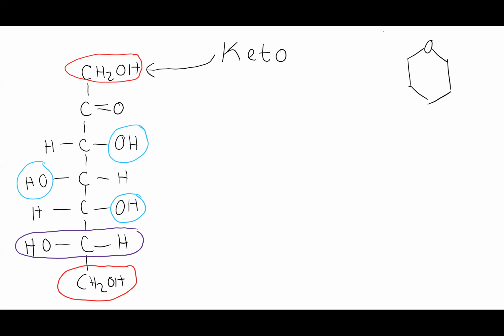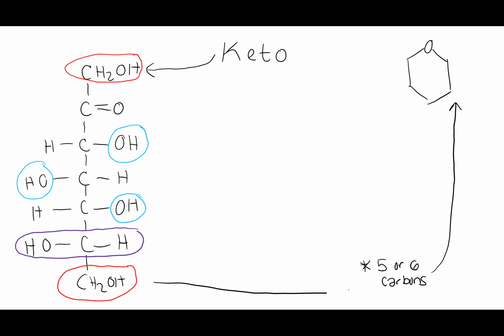So remember that for sugars that have 5 or 6 carbons, and sometimes more, they can cyclize into this version, and they go between the linear and the cyclical version.